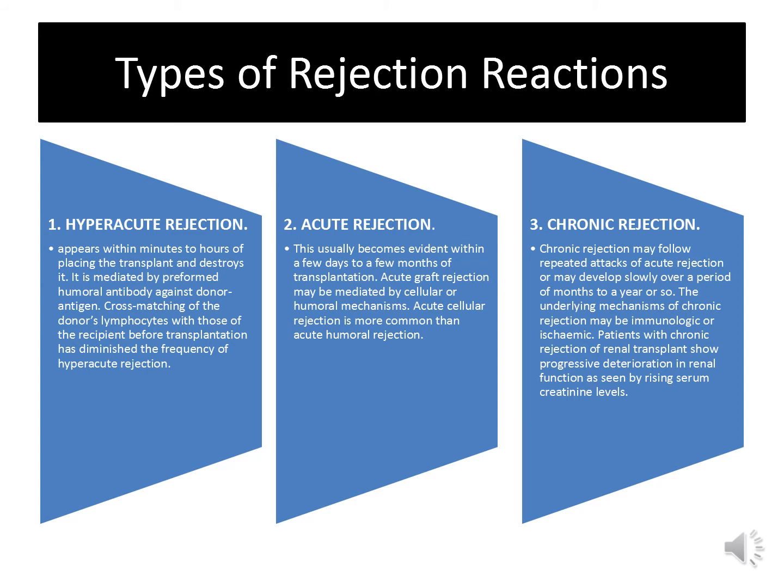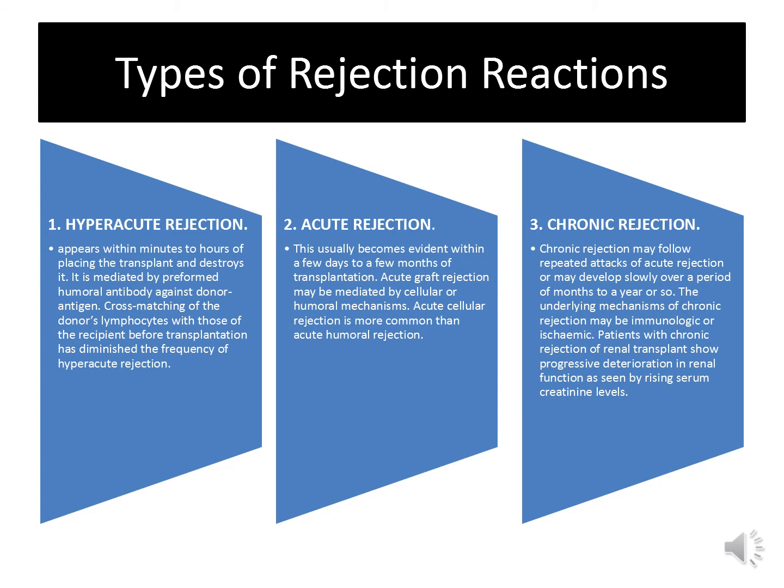Cross-matching of the donor's lymphocytes with those of the recipient before transplantation has diminished the frequency of hyperacute reaction. The second kind of reaction is acute reaction.